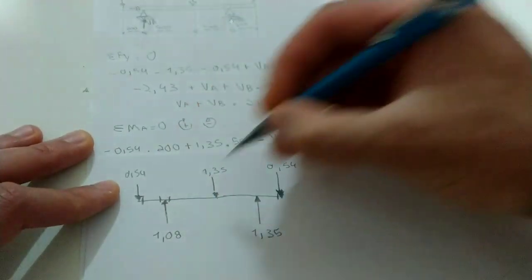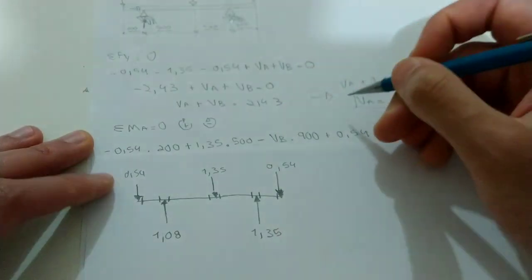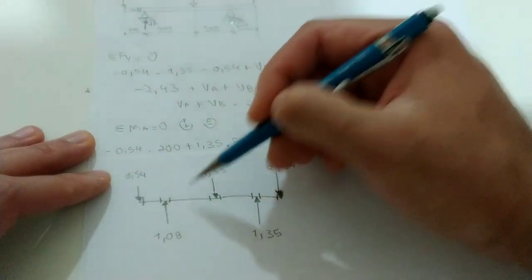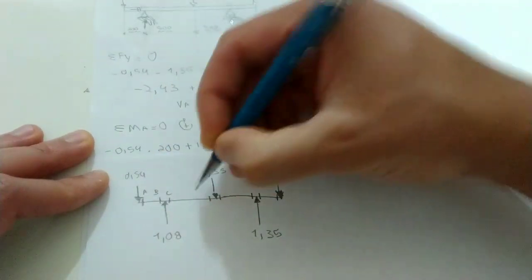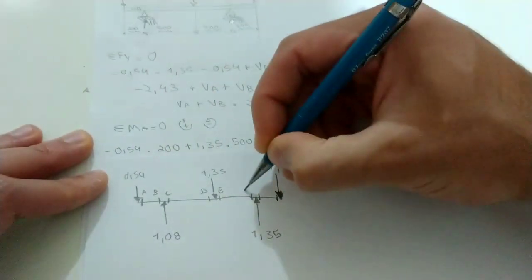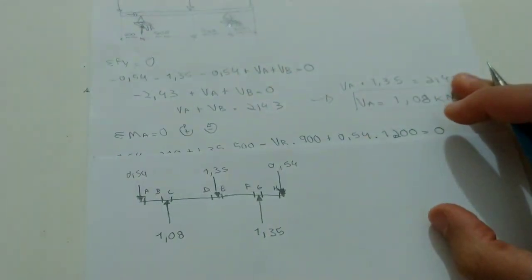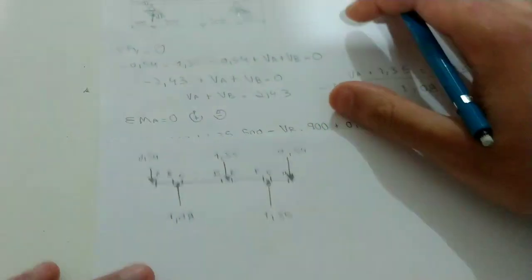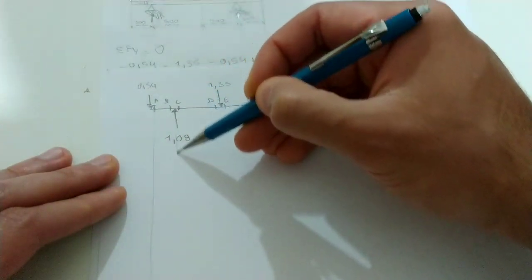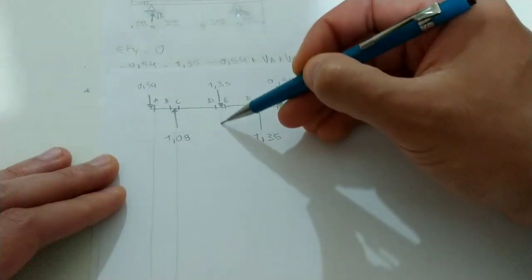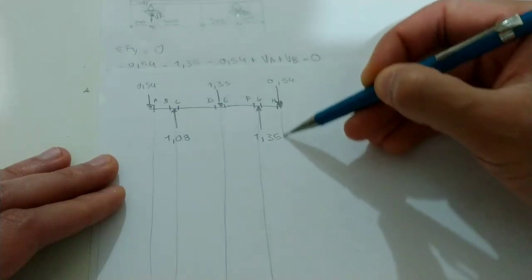Here and here, here and here, here and here. I will call these cuts letters A, B, C, D, E, F, G, H. So let's make the internal efforts. It's very easy, will be very simple.